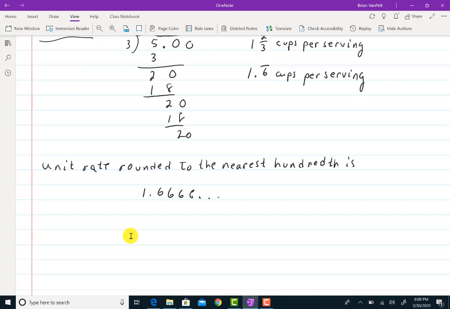The hundredths spot is in the 6 that I just circled. The 6 after it tells us to round up.